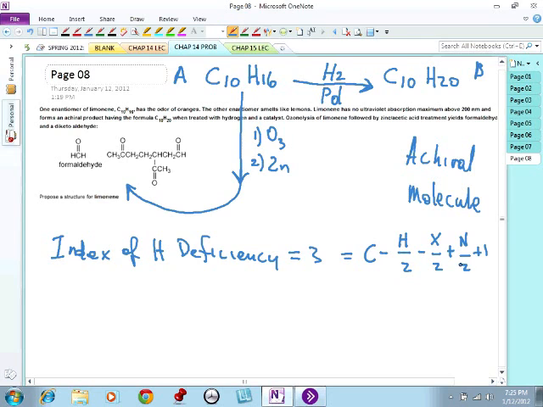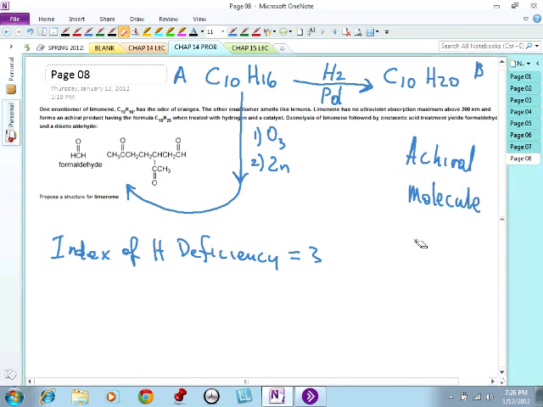Okay, that is the formula you use. Of course, some of you may be able to do this without the formula, but when you have a very complicated molecule, this formula does come in very handy. If you use that formula, just as Emma told us, the index of hydrogen deficiency is 3.